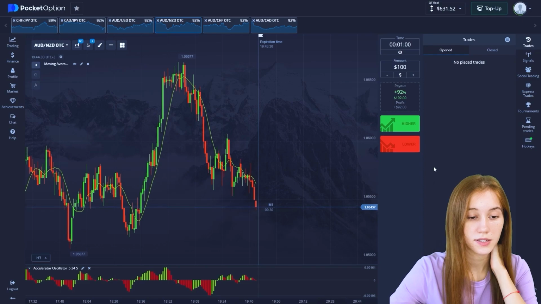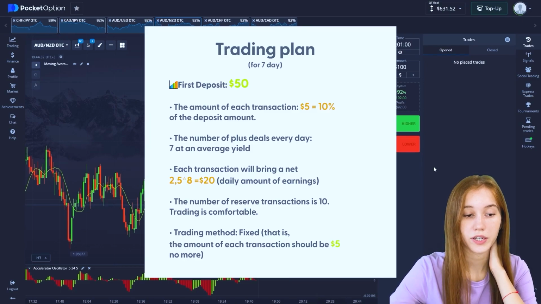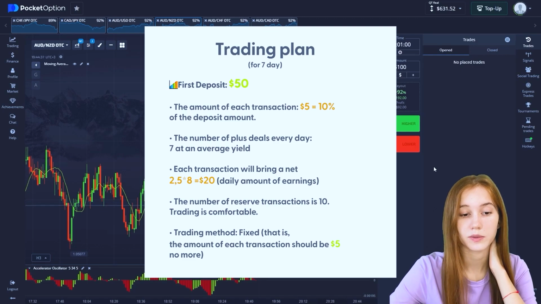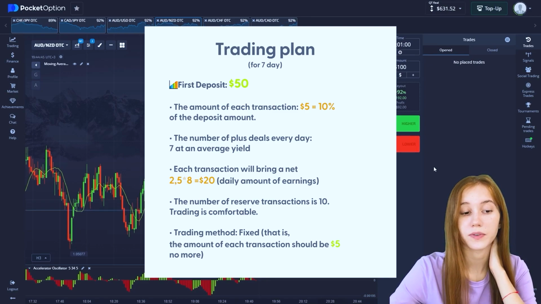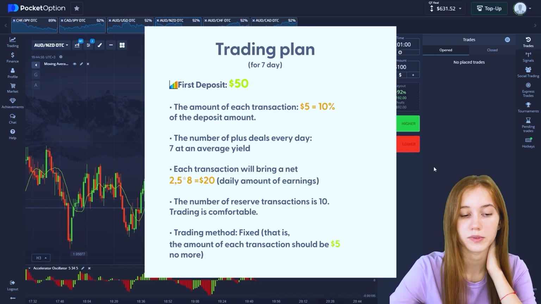So you see this table, it's a trading plan, I say like this. It works, and I'll tell you more about this plan. The first deposit is $50. The first thing we do is start placing deals with $5, which is 10% of our total deposit amount.